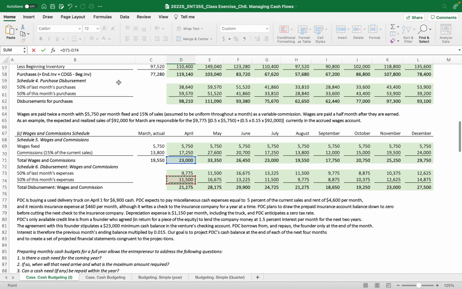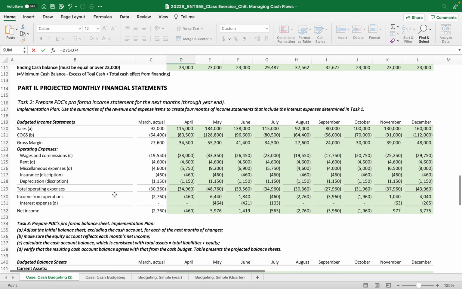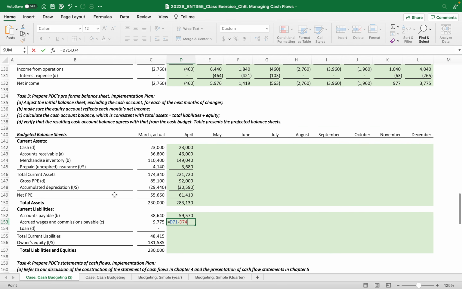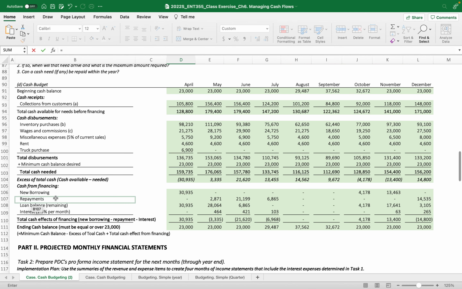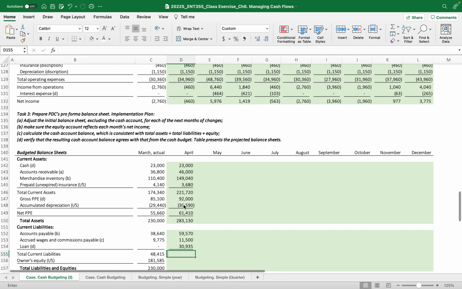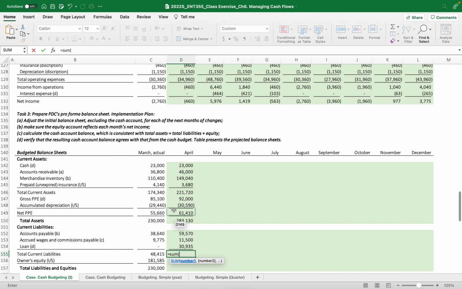But the remaining amount, right? The remaining amount is accrued expenses that should be paid next month. Okay. And then the loan balance from Schedule D, the company now increased the loan balance. Where's the loan balance remaining? There you go, right? And then we have total current liabilities.